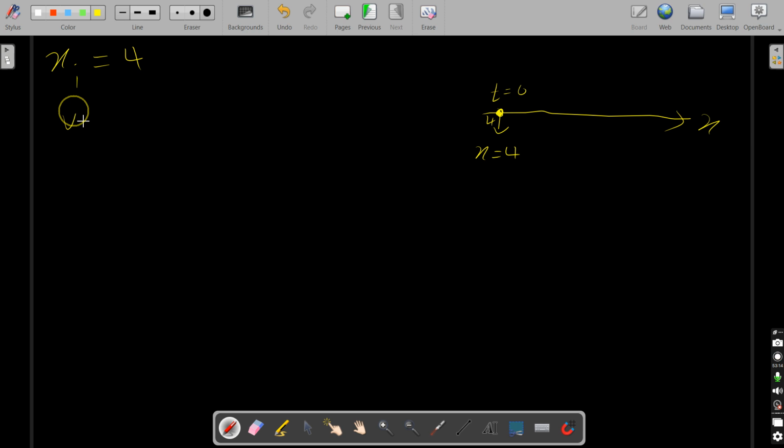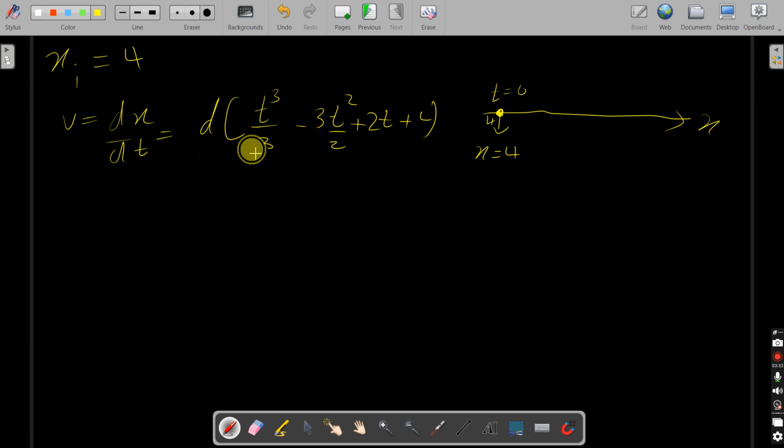So velocity is dx upon dt. So our equation is t cube upon 3 minus 3t square upon 2 plus 2t plus 4 upon dt. So this becomes, 3 comes here, so it gets cancelled out, t square minus 3t plus 2. This is constant, so this becomes 0.